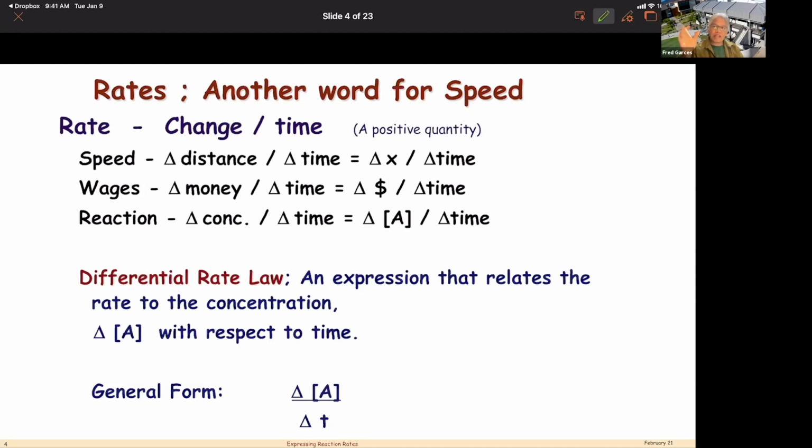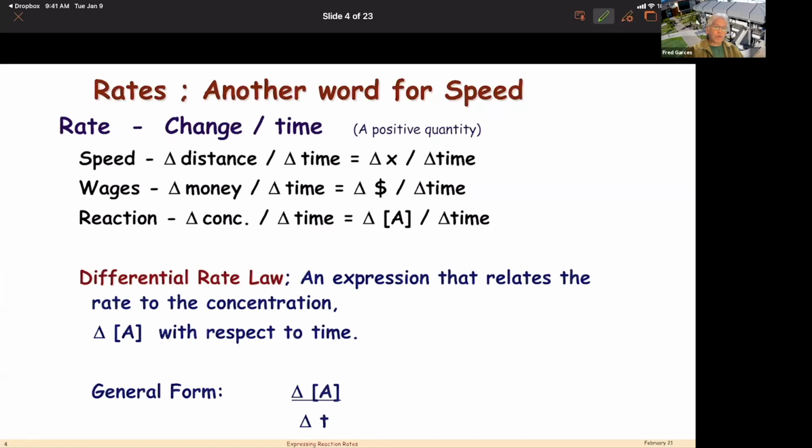The negative means that you have negative concentrations as you start progressing through the reaction. And then the positive means that you have positive concentrations as you are progressing through the reaction. So when we talk about the reaction rate, it's usually quoted in molarity per time, molarity per second, molarity per minute, molarity per hour, okay?